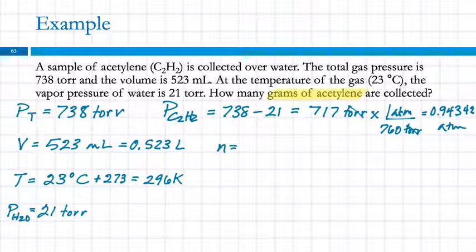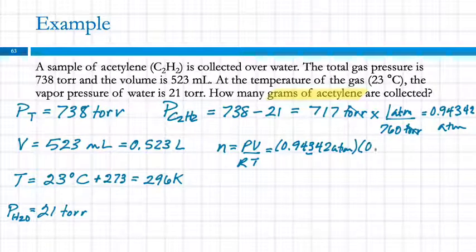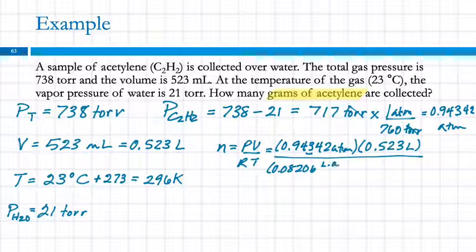So n equals PV over RT. So it's the pressure, atmospheres, times the volume, 0.523 liters, divided by R, and the temperature.